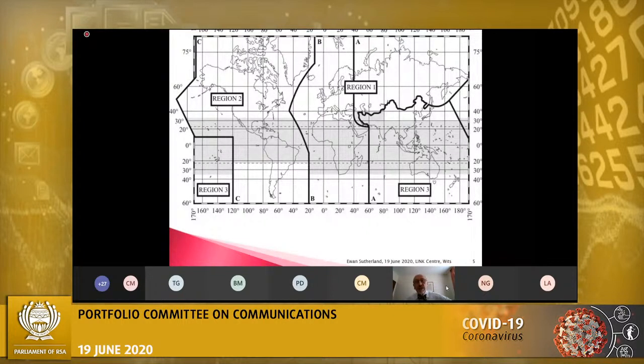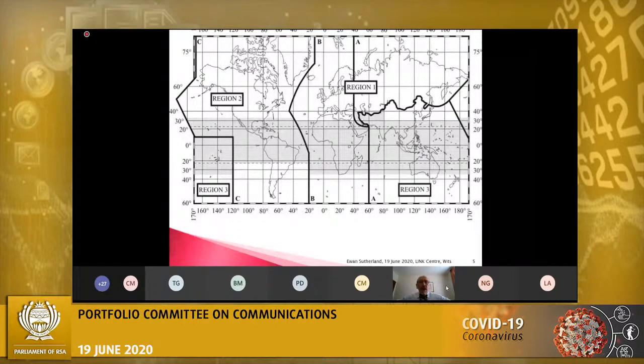The advantage of Region 1 is it includes such a very large population that any standardization means that the equipment is being sold to a very, very large market, and therefore the equipment should be, and in all probability, somewhat affordable.